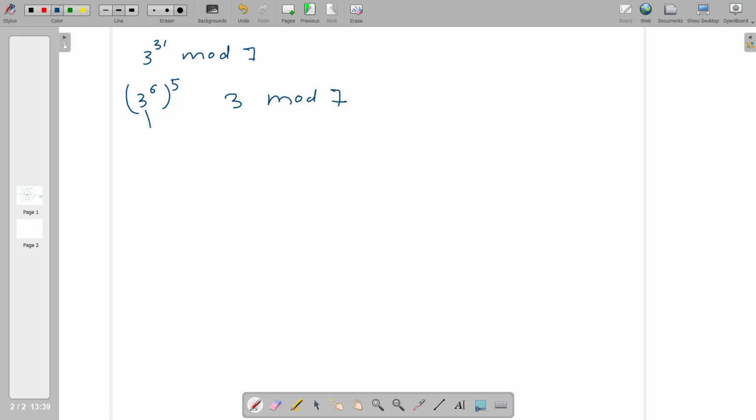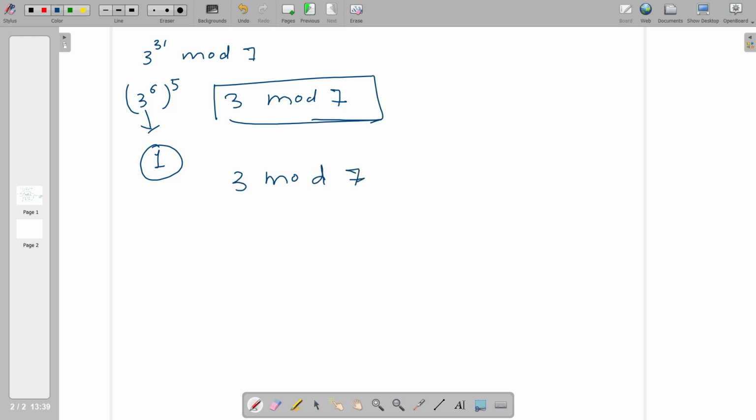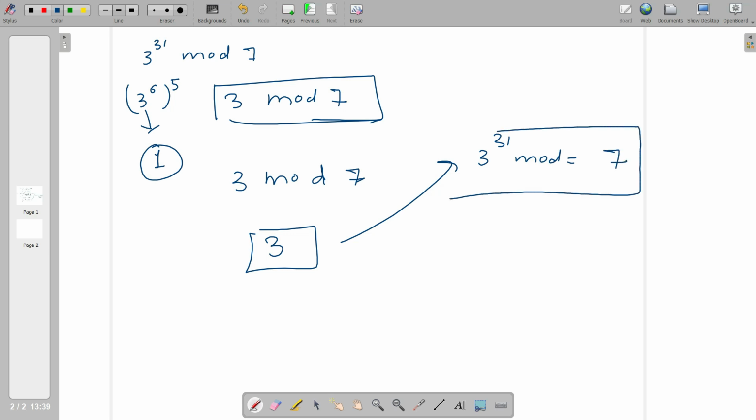Since 3 to the power 6 mod 7 is always equal to 1, we only need to find the value of 3 mod 7, which comes out to be 3. So we can conclude that 3 to the power 31 mod 7 is equal to 3. This is how with Fermat's little theorem we can compute remainders of large numbers.